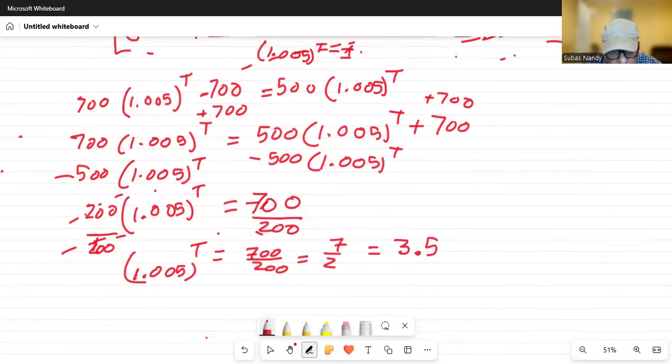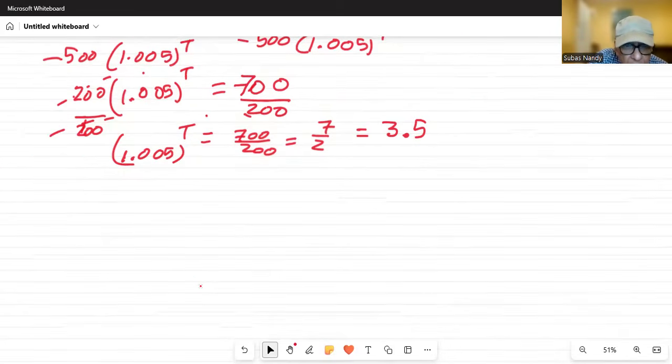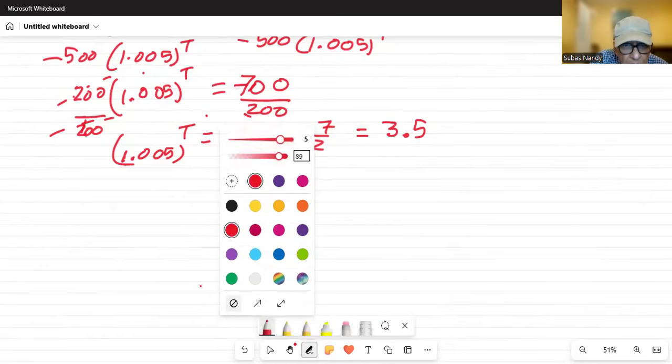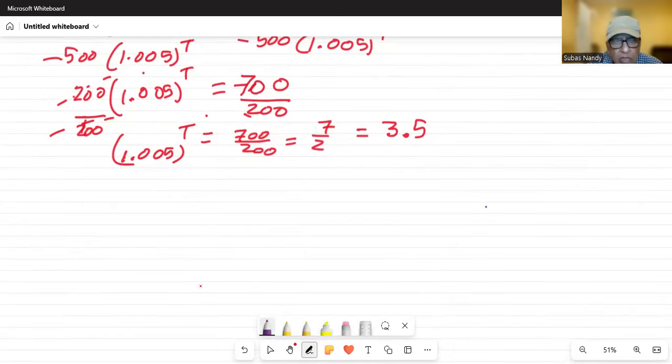So let me move this up a little bit more, and I'll change the color of the ink to blue. Okay. So now I have an exponential equation to be precise: 1.005 exponented to t is equal to 3.5.